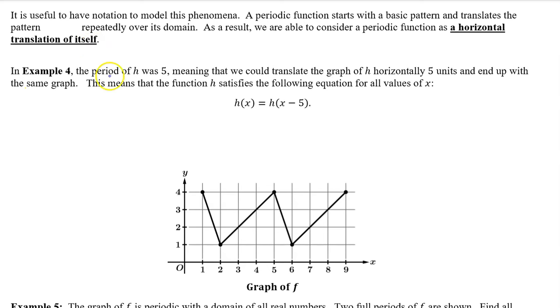In example 4, the period of h was 5, meaning that we could translate the graph of h horizontally 5 units and end up with the same graph. This means that the function h satisfies the following equation for all values of x. H of x is equal to h of x minus 5. Also, h of x will be equal to h of x plus 5.